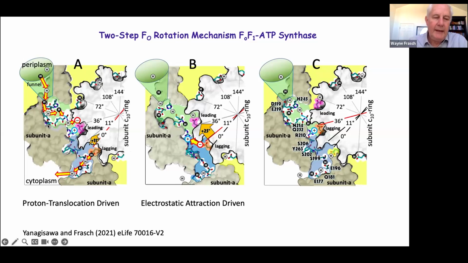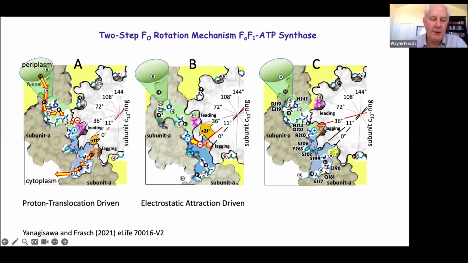We mutated several crucial residues on both sides and found that a lot of the torque is generated by the proton translocation step, which did not move the C ring entirely, but moved it 11 degrees.